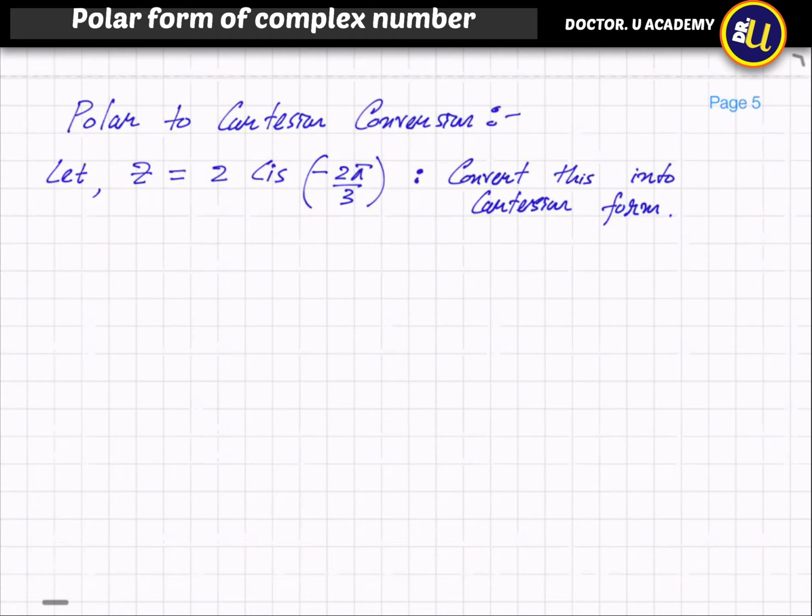Okay, so here is polar form to Cartesian conversion. The example is z equals 2 cis minus 2 pi divided by 3. Now we can write this as 2 cos minus 2 pi divided by 3 plus i sin minus 2 pi divided by 3.